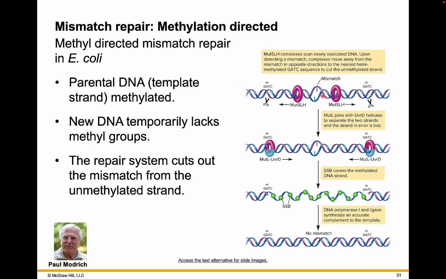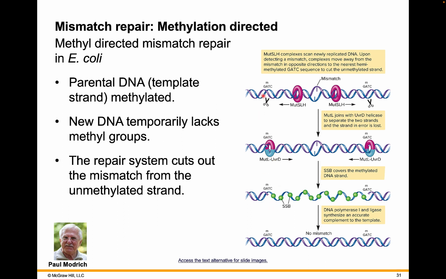So when a new DNA strand is synthesized during replication, it takes a couple of minutes before the newly synthesized strand, which is the purple strand, gets the methylation. It takes a little time for it to get methylated.